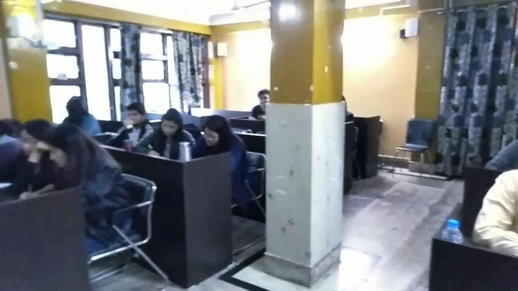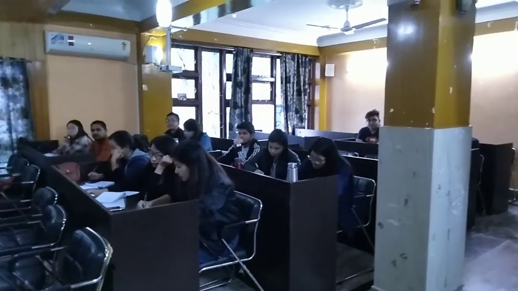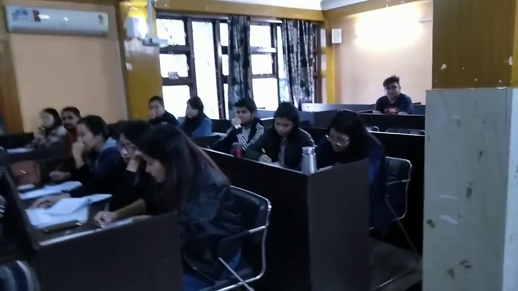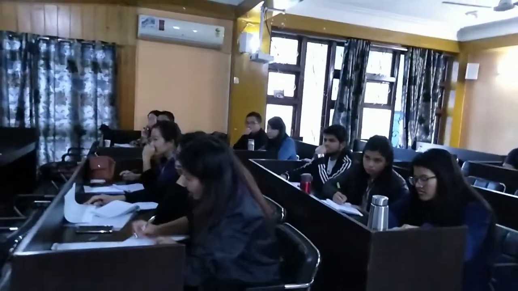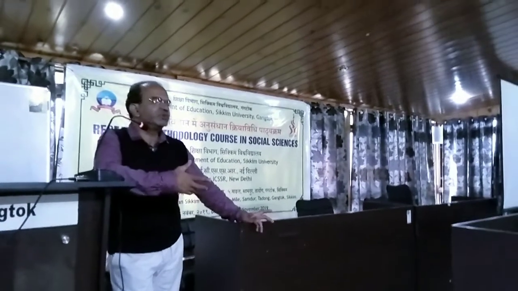Ethnographic research has three major components. One is the theoretical part of ethnographic research or ethnographic method. What is the theory behind ethnography? What does it spell out? What is the rationale behind this ethnographic method that we have to use? If somebody asks me, sir, why should we use ethnographic method?